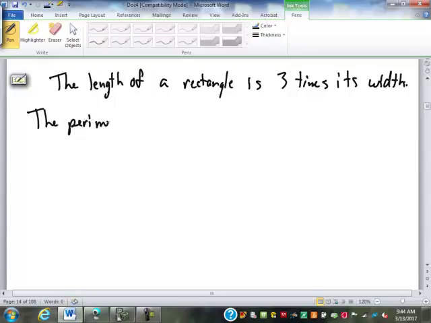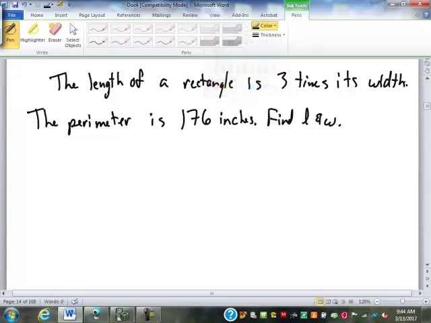The perimeter is 176 inches. Find the length and width. So we can draw a picture. Here's our length, here's our width.